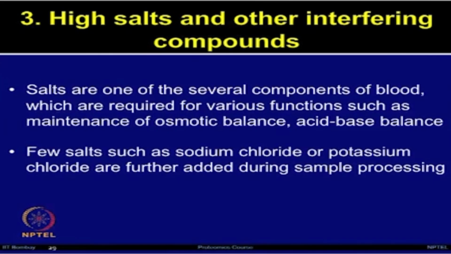Due to the intrinsic salt present in the blood as well as extrinsic salt added during sample processing, the overall salt component becomes very high, and that creates problems for various proteomic applications. So, high salt and interfering compounds should be removed.